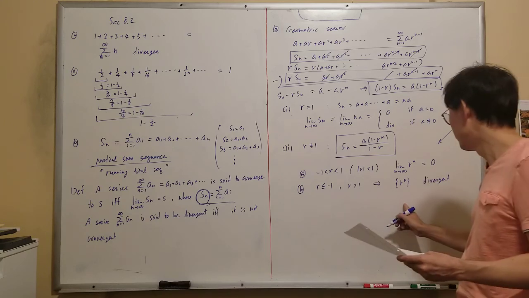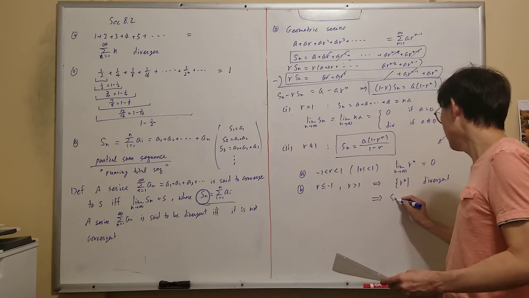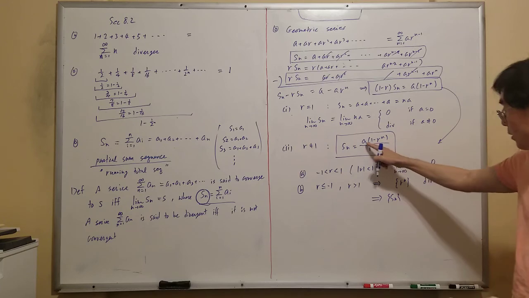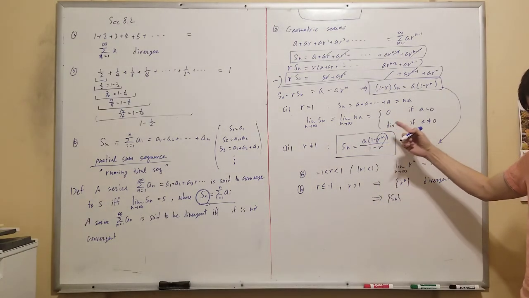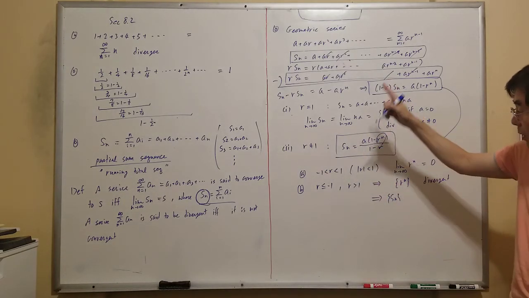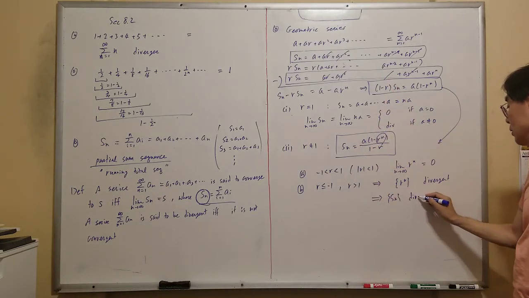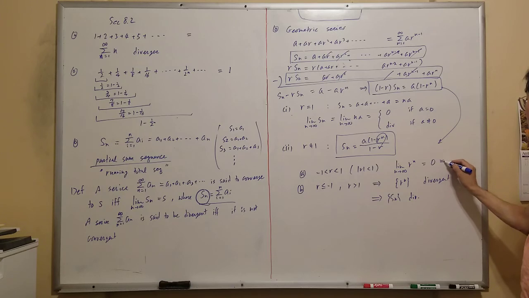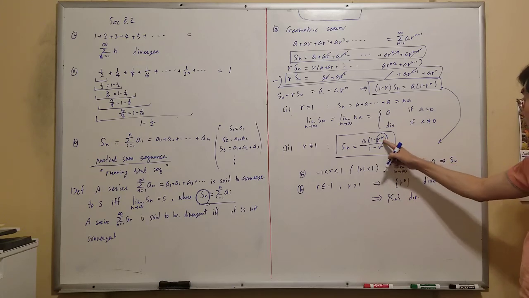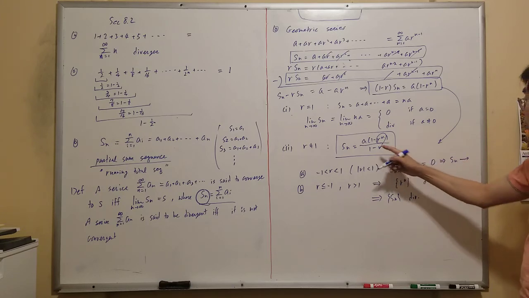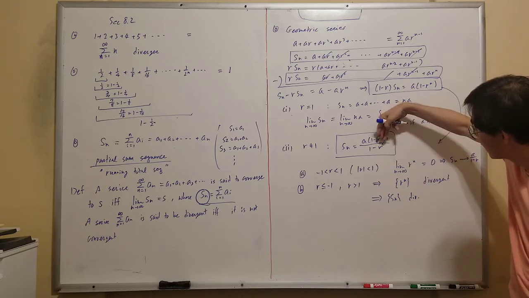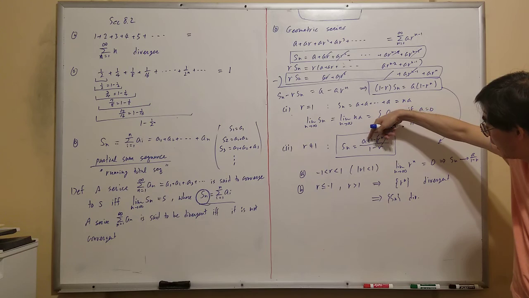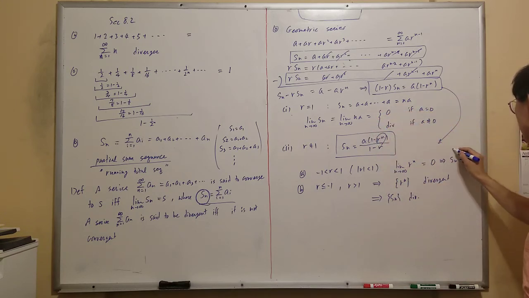In the convergent case, the other factors are all constant, so as n goes to infinity, R to the n goes to 0, and Sn approaches A over 1 minus R.